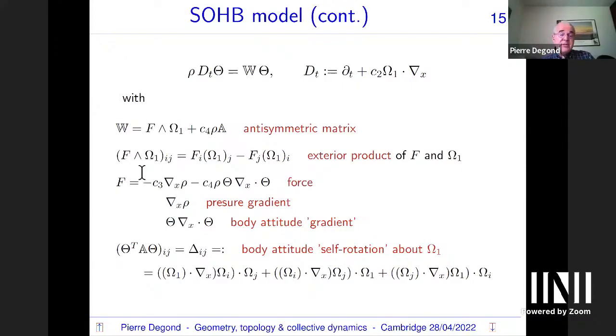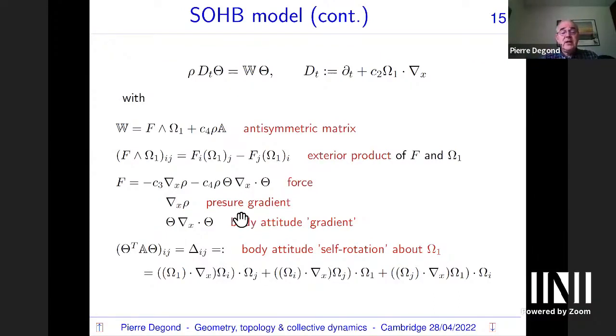And in everything that's orthogonal to the plane F omega 1, this rotation doesn't do anything, right? And that rotation in the plane F omega 1 just tends to align the vector F, or to align omega 1 with F, right? So basically, this term tells you that the particles will tend to escape the regions of large gradients, which is what the pressure force does. And it's also going to escape the regions of large body attitude gradient, which is very natural, right?